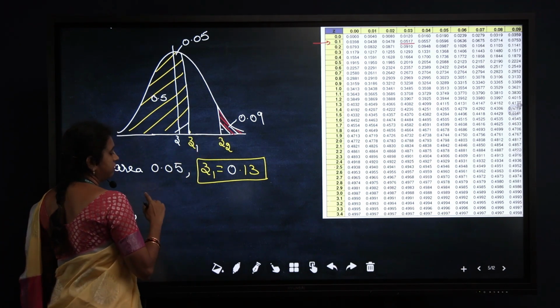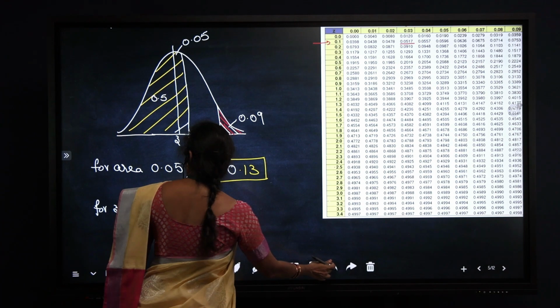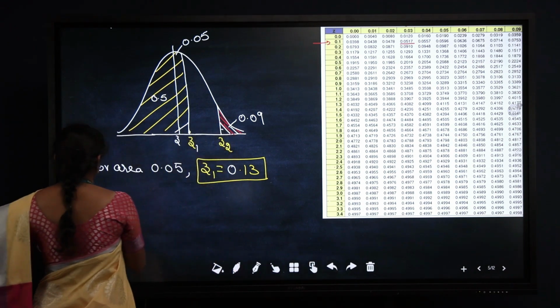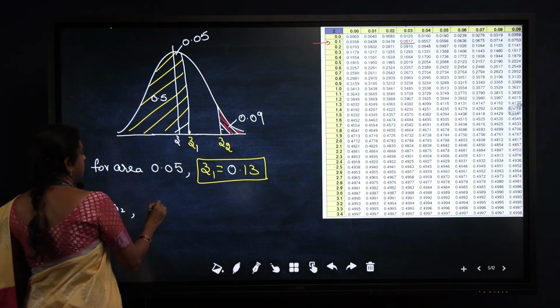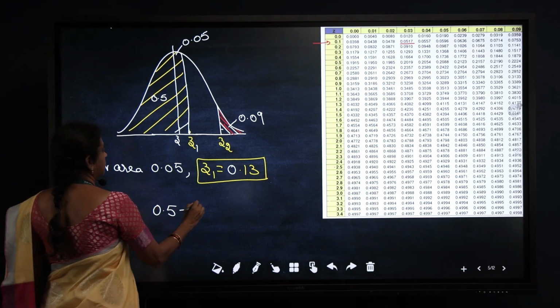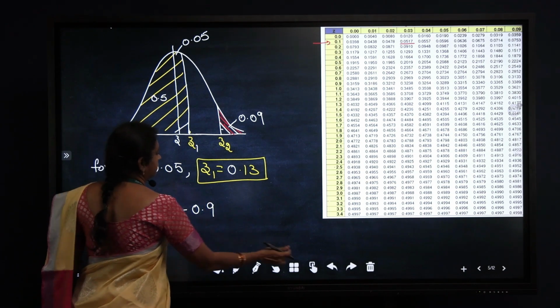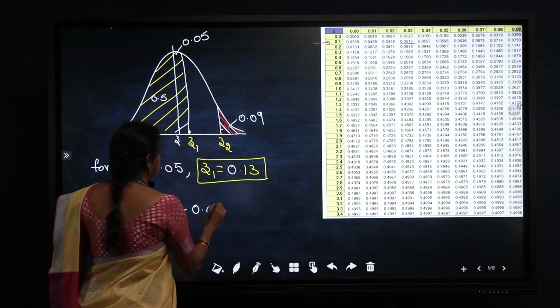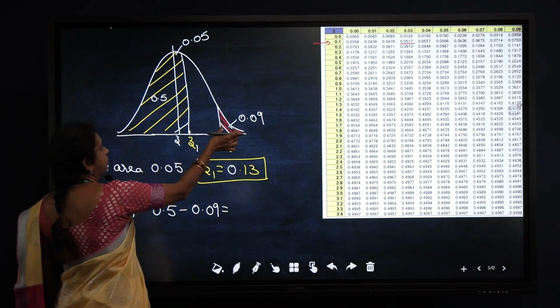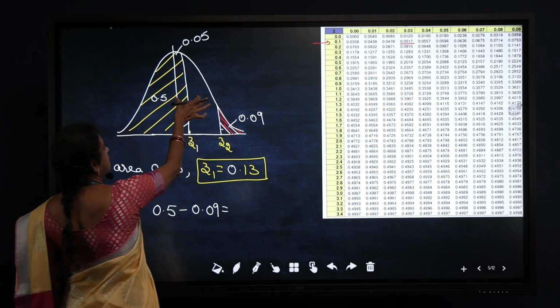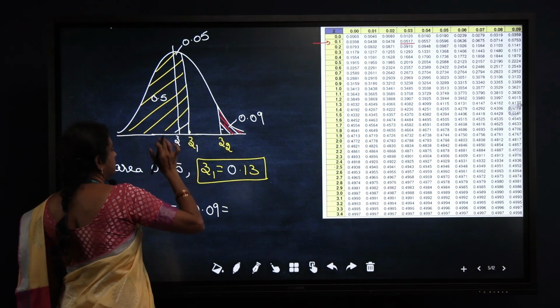That means here we have to calculate the value of Z again. So for Z2, the area we'll take is 0.5 minus 0.09, right? 0.5 is the total area, minus 0.09 will give us the area between 0 and Z2, right?